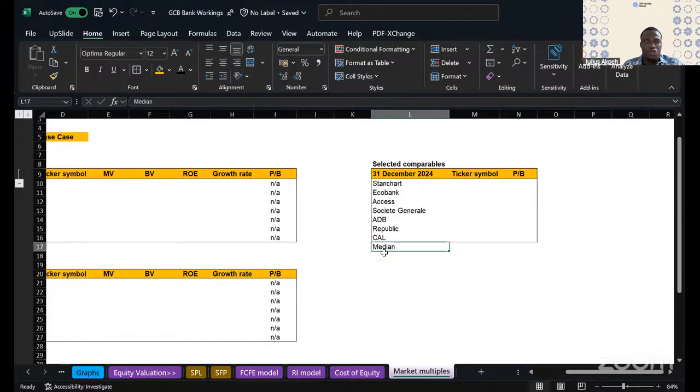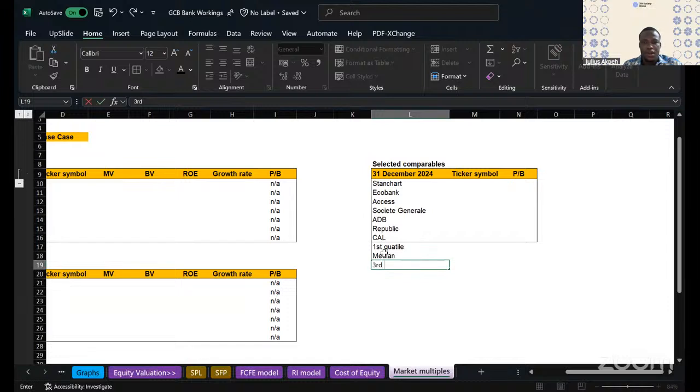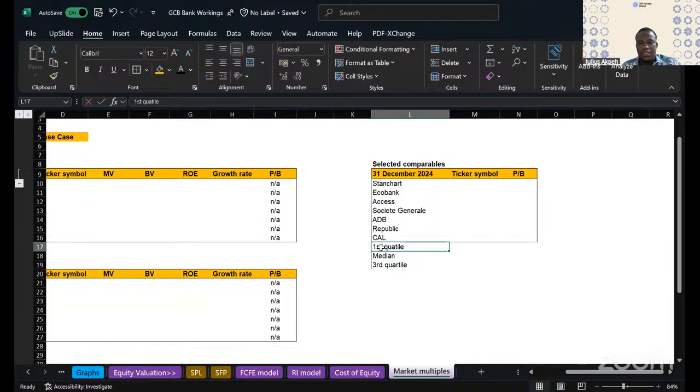Or let me put it this way, first quarter, then I'll have the median, then I have third quarter. So I want to check this first quarter, median, and third quarter. And out of that, I'll be able to come out with my appropriate price to book ratio, the one I want to select for the valuation I want to do.